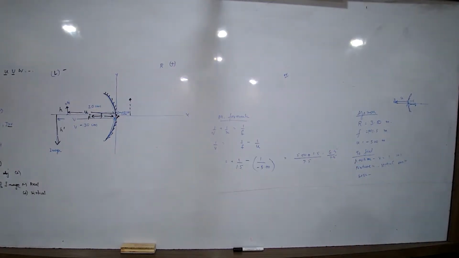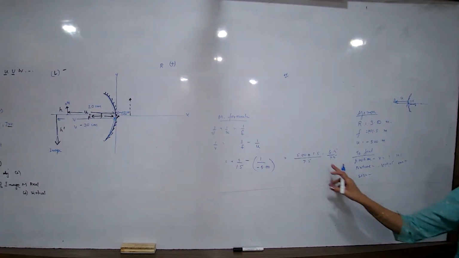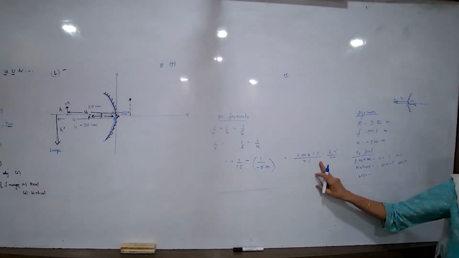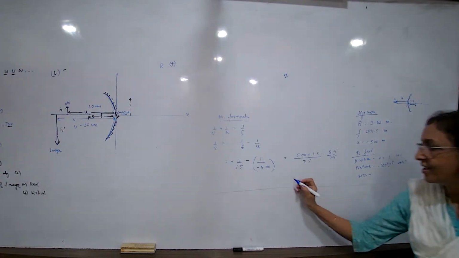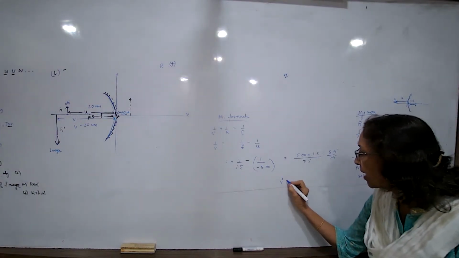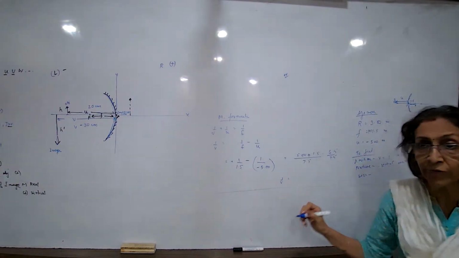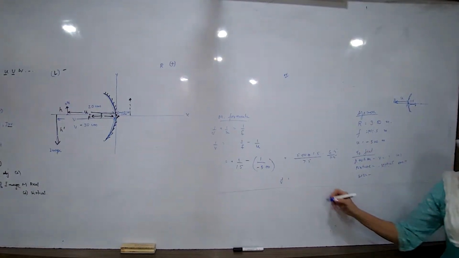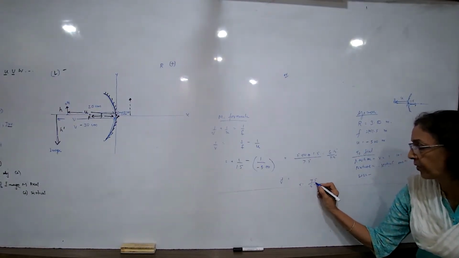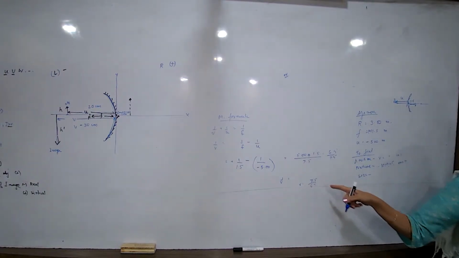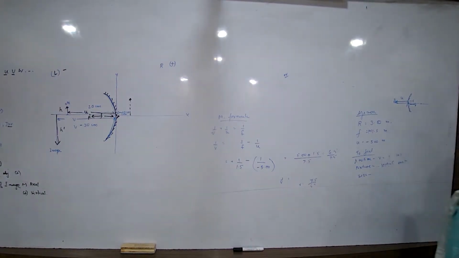But does this give you the value of V? This is giving you 1 upon V. Okay, but I want V. So what will I do? I will do inverted. So V will be 7.5 divided by 6.5. Shift the decimal, it will become 75 by 65. Okay, 75 divided by 65.